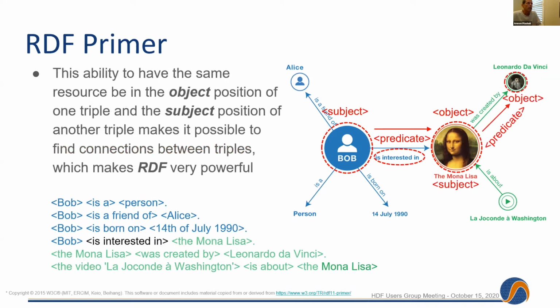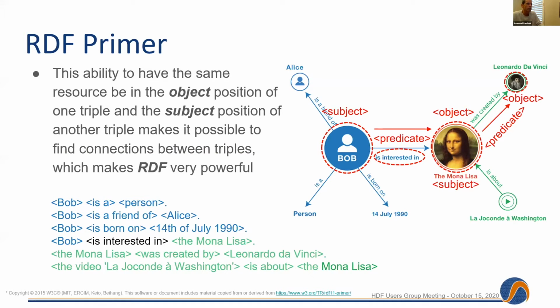The ability to have the same resource be in the object position in one triple and the subject position in another triple makes it possible to create the relationships in the graph and makes the graph very powerful. So from this graph, we see that Bob is interested in something that was created by Leonardo da Vinci.